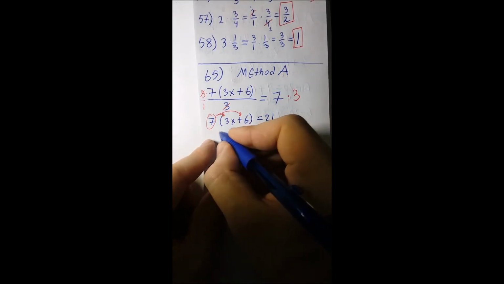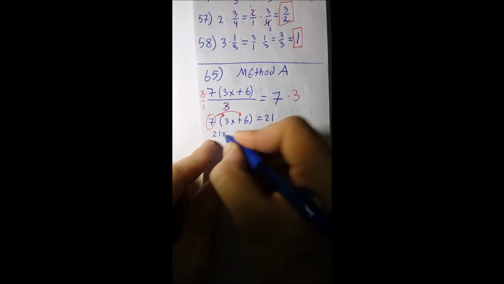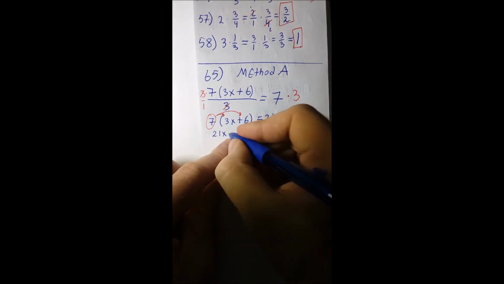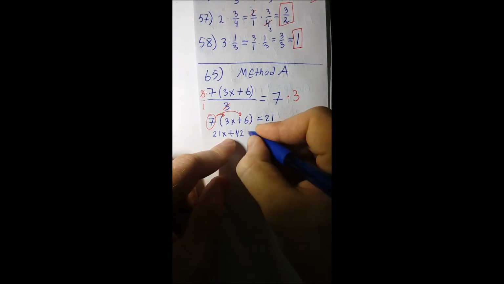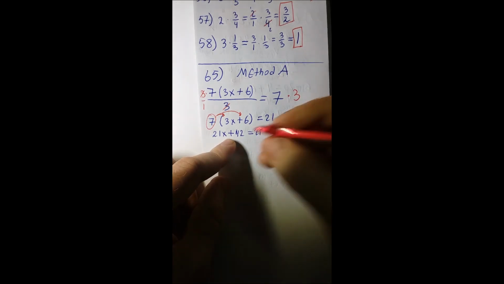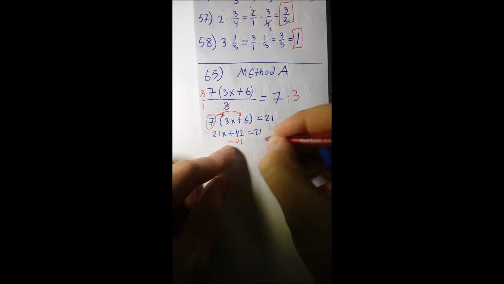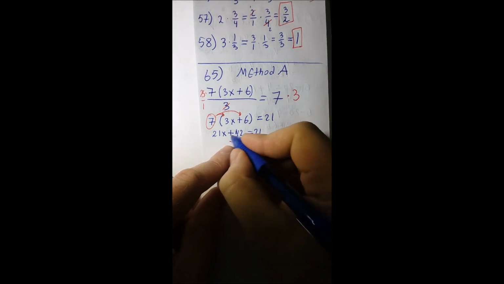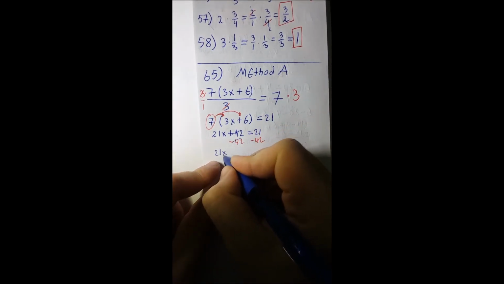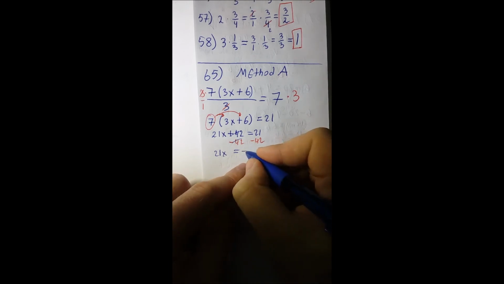So 7 times 3x is 21x. 7 times positive 6 is 42, equals 21. Then I'm going to subtract 42 from each side, and 21 minus 42 equals negative 21.